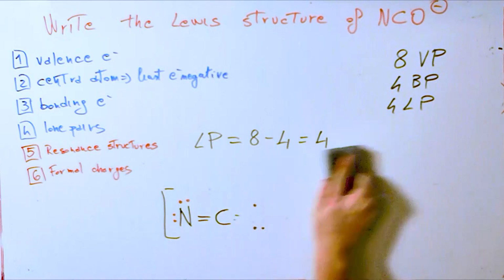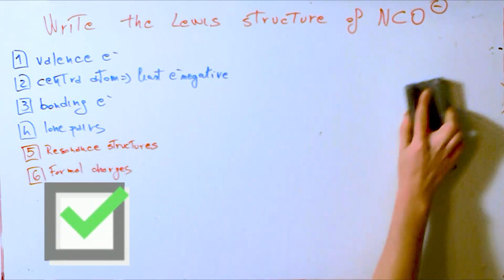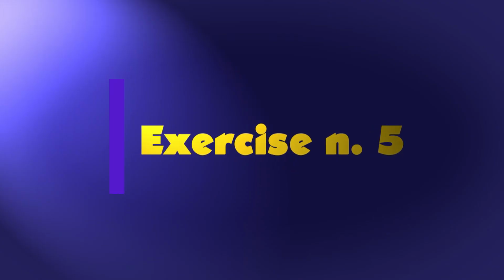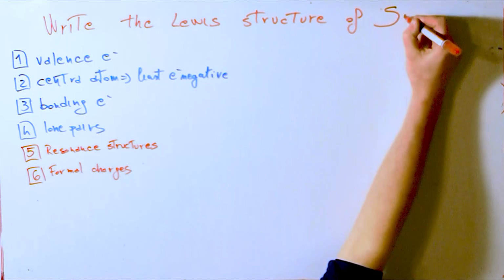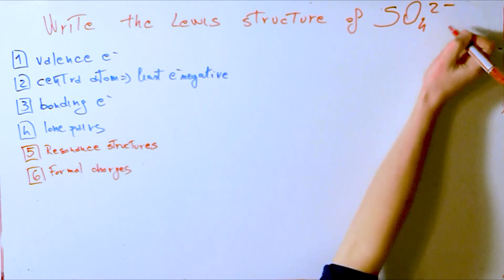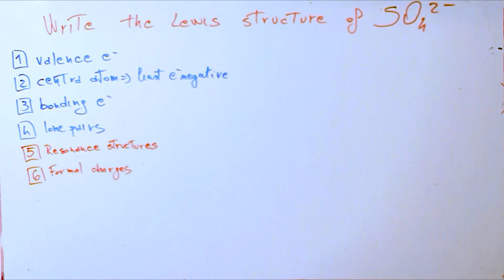That's all, we can move on to the last exercise. Write the formula for this anion, quite a famous anion, sulfate.